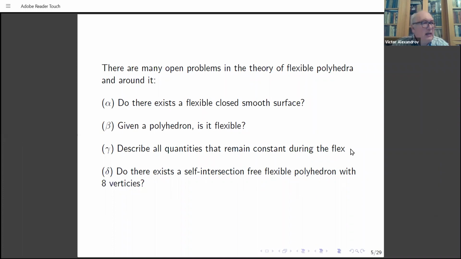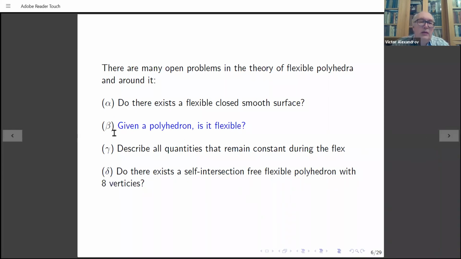And the list of such quantities is still open. And the last question is, does there exist a self-intersection free flexible polyhedron with 8 vertices? I have mentioned that we know such an example with 9 vertices, and we know that there is no such example with 7 vertices. But what about 8 vertices? This is again an open problem.